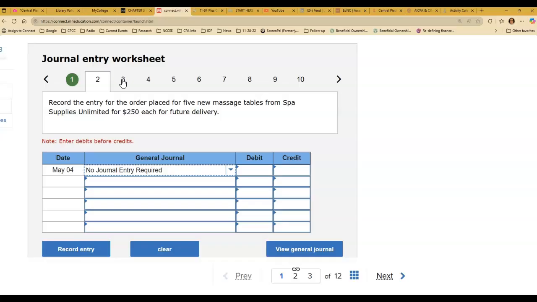Here we're buying an asset that all that's happened is we've ordered it. Nothing has exchanged hands here. So no cash has been paid out, no tables have been delivered. I thought it was saying we already paid for it. Nope. We just placed the order.